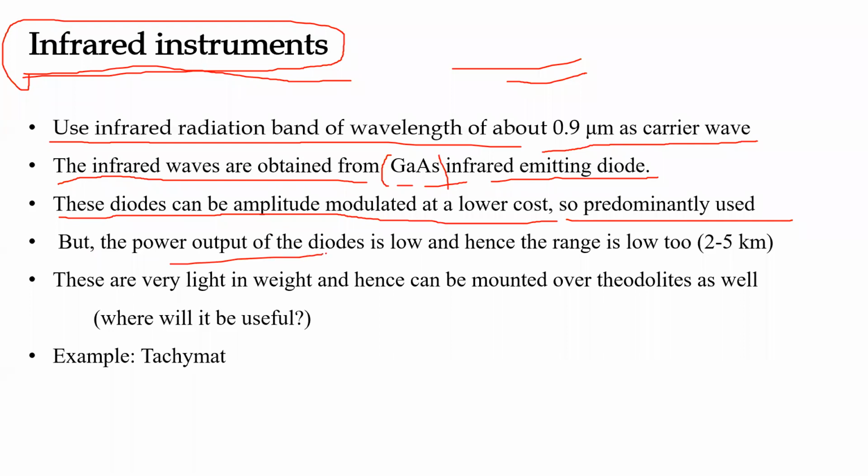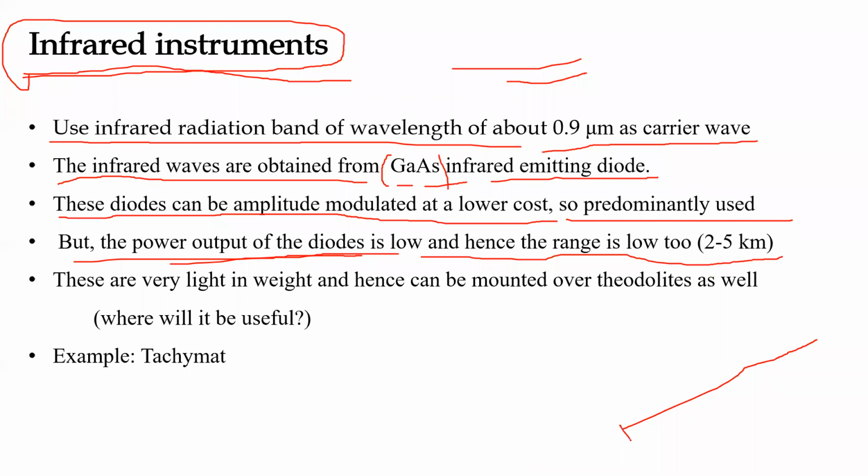But the power output of the diodes is low, and hence the range is low too. Because of that you don't get a very high range. You cannot measure the distance between two points if the actual distance is more than 5 kilometer.